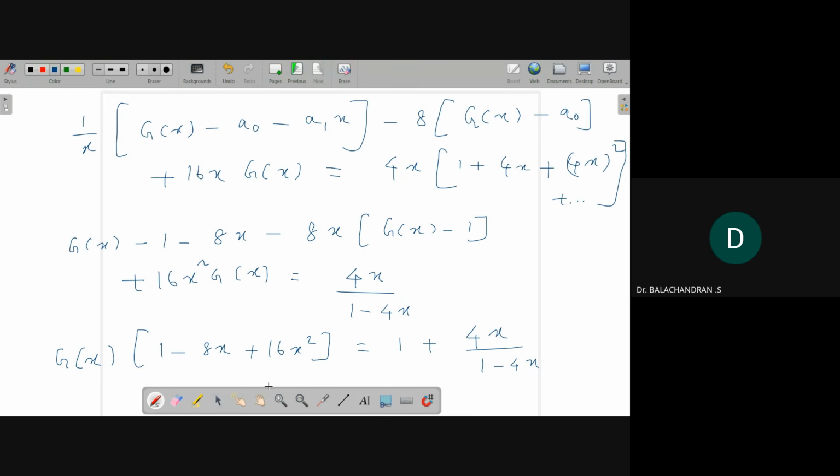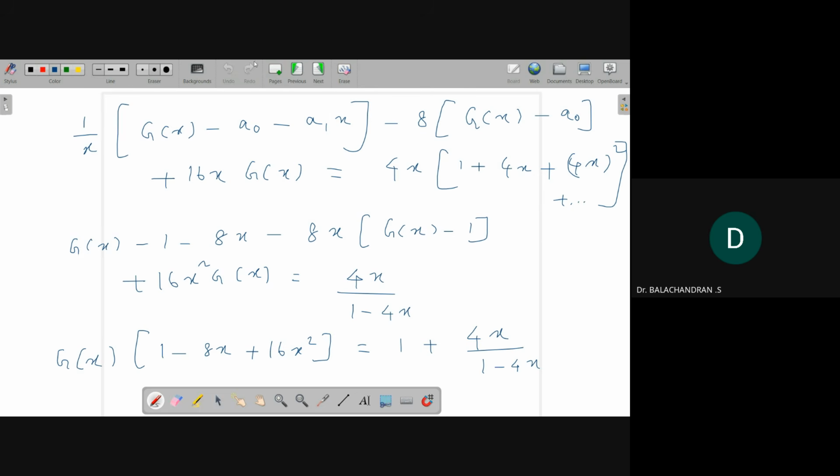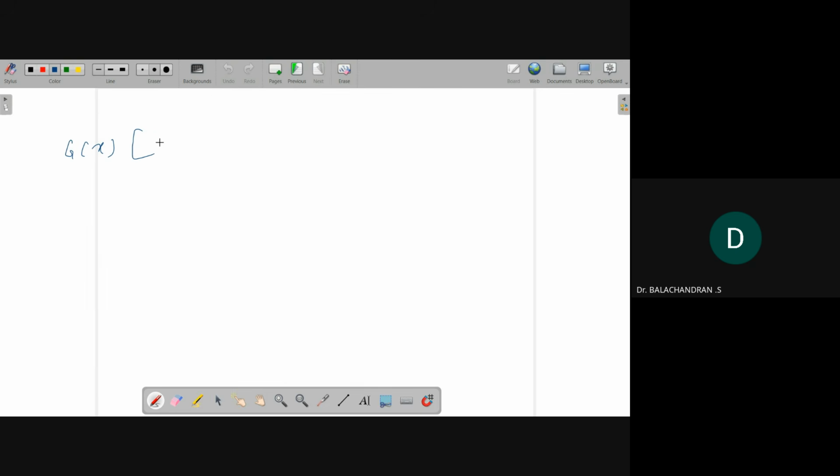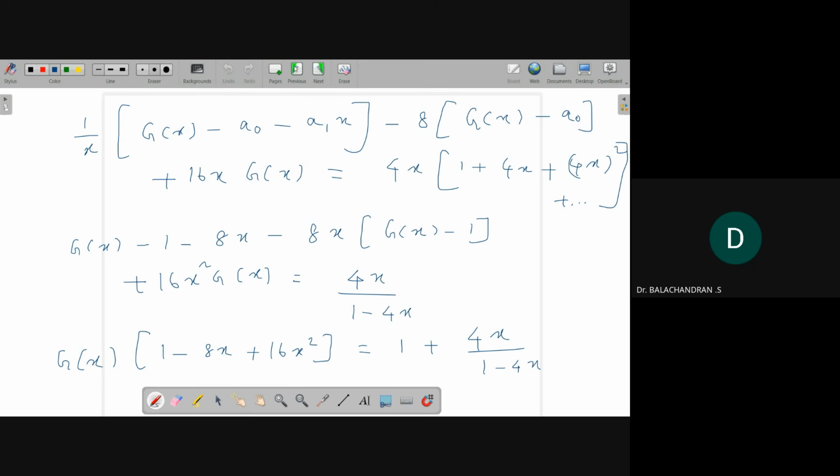So now next step I'll write g of x into this, which is what? 1 minus 4x whole square, which is equal to, if I take LCM, I'll get what?